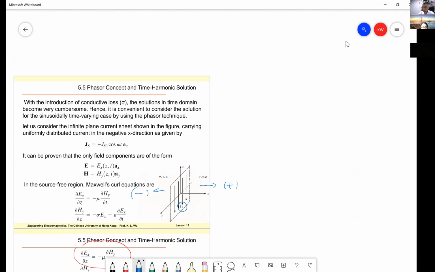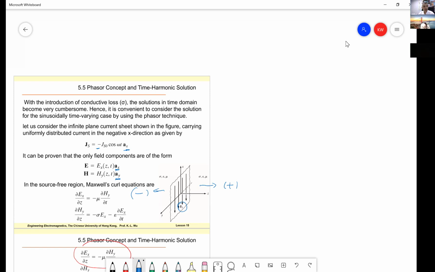This current must flow in the minus x direction, in the minus x direction. That supports a wave with the electrical field polarized in the x direction and the magnetic field polarized in the y direction.